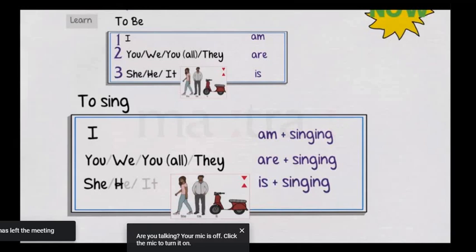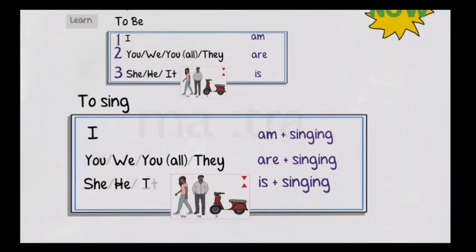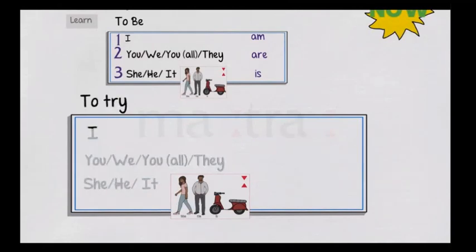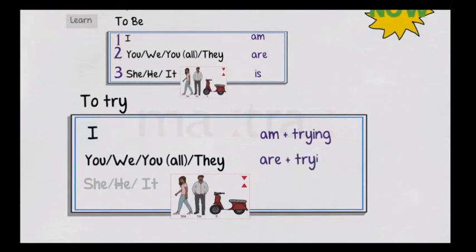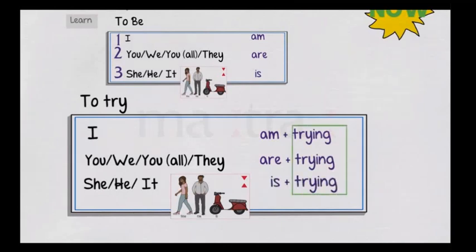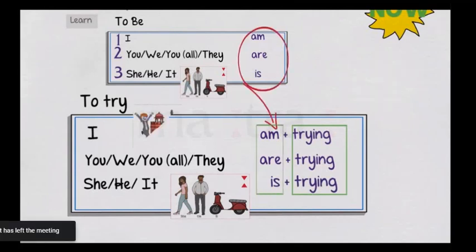She is singing. He is singing. It is singing. To try. I am trying. You, we, you all, they are trying. She, he, it is trying. As you can see, the ing word remains the same. Only the helping word changes to match the person, place, thing.